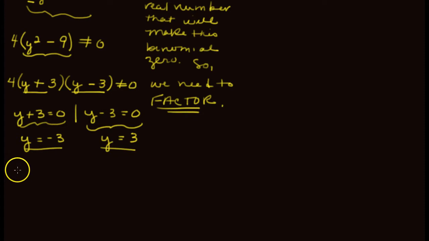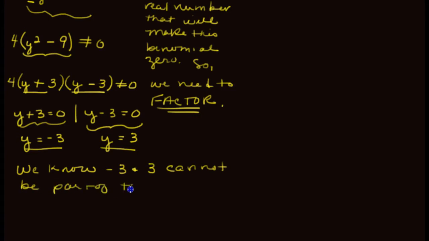So what did we just find out? So we know -3 and 3 cannot be part of the domain. Oops, spelled domain wrong. Let me clean that up just a little bit more.